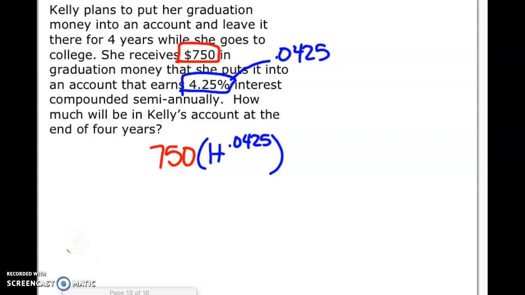Over n, how much is it compounded? Semi-annually, we're going to use 2. And to the power of n times time. So 2 times, and my time is 4 years. So 2 times 4, all right, 2 times 4 is 8.